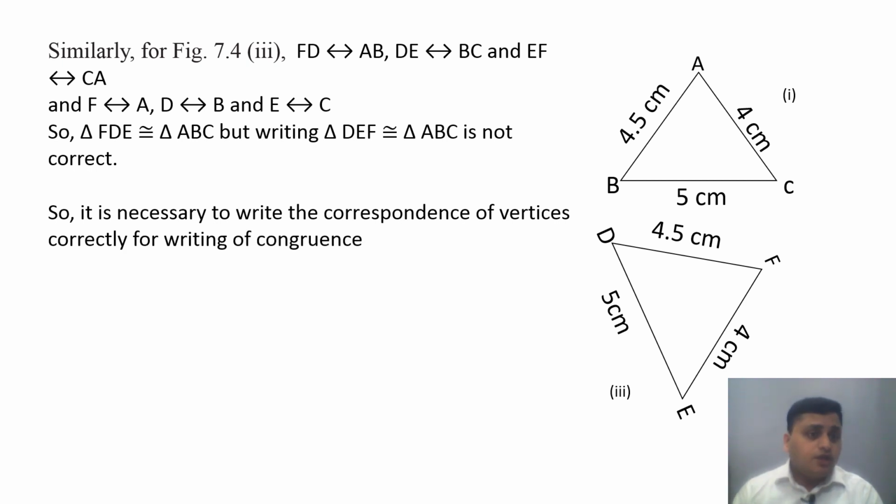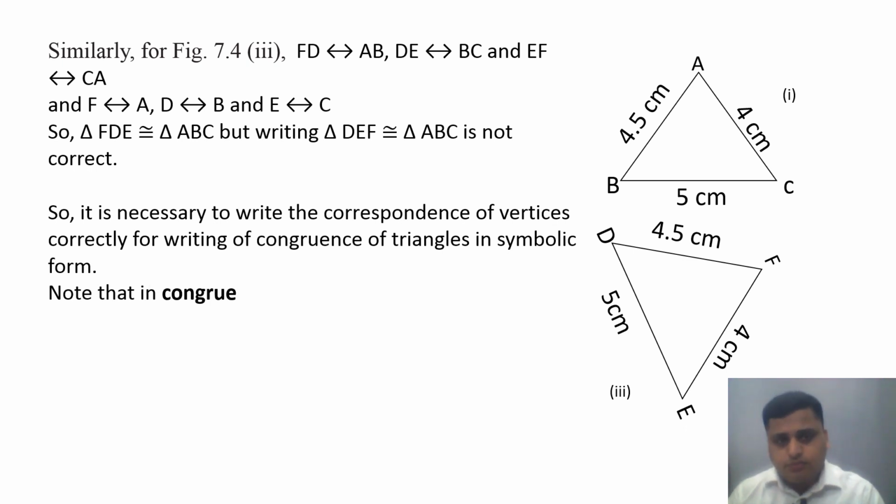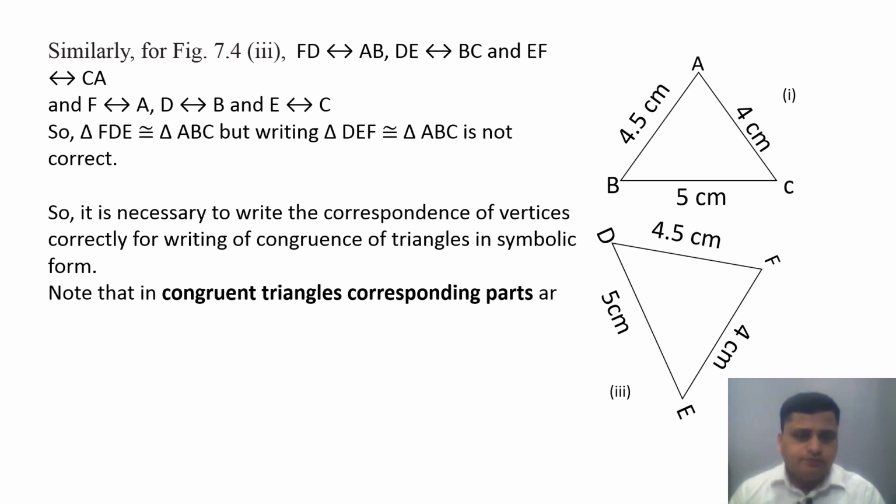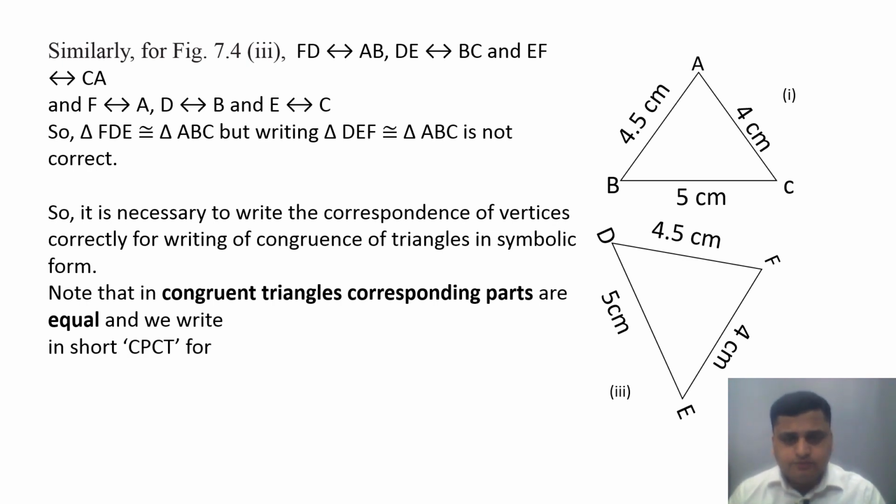Be careful. Here triangle FDE corresponds to triangle ABC, that's why we say triangle FDE is congruent to triangle ABC. So it is necessary to write the correspondence of vertices correctly when writing the congruency of triangles in symbolic form.